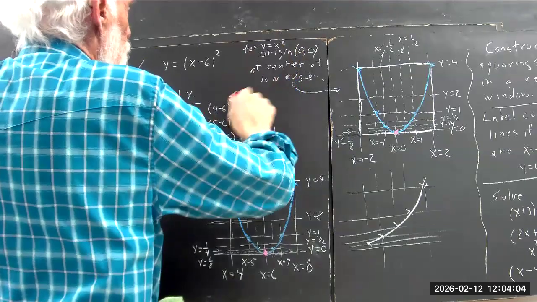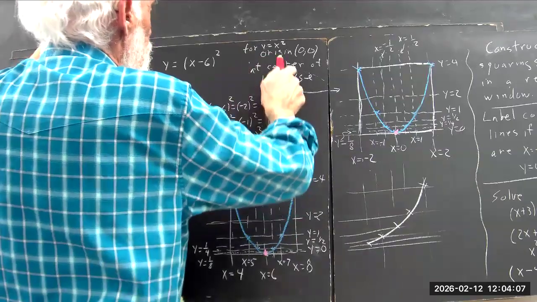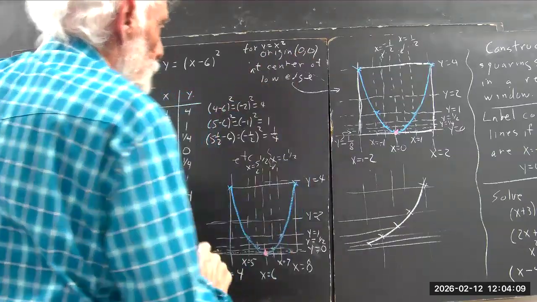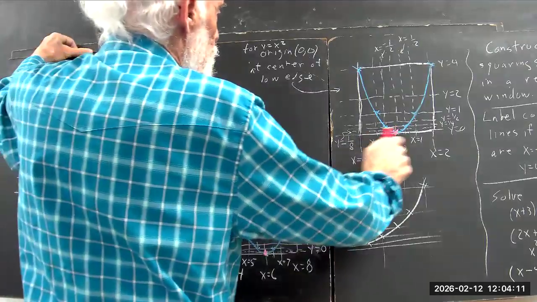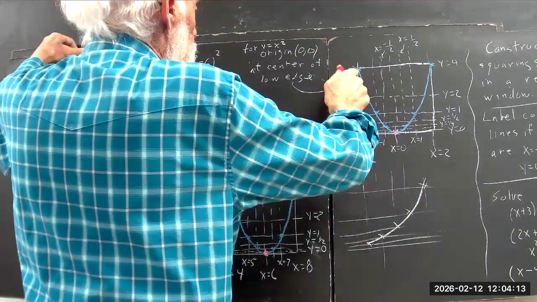Now, it might be a little hard to read that. I'm saying for y equals x squared, the origin, which is a point 0, 0, is at the center of the lower edge. This is the x squared graph.